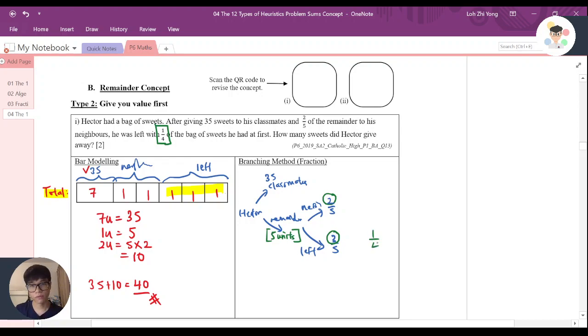So 1/4 is leftover. And we know that leftover should be 3 units, but here it says leftover is 1/4. So I know that this 1 and this 3 are supposed to be the same, correct? Because this is left and this is left. So what I will do is make it the same. I will times 3 here, I will times 3 here. So it will be 3/12.